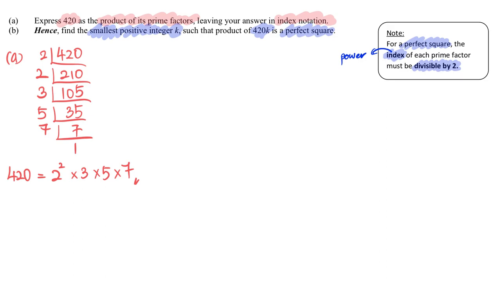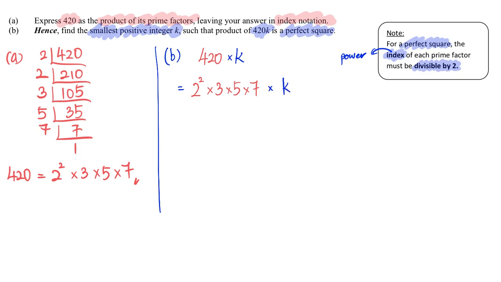From part A, we already know that 420 is 2 squared times 3 times 5 times 7, and 420k is 420 times k.